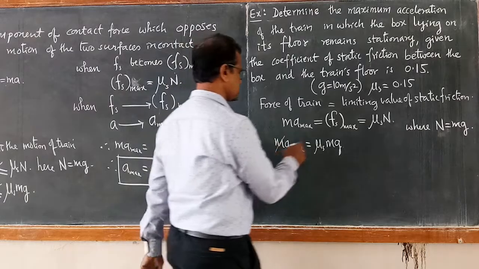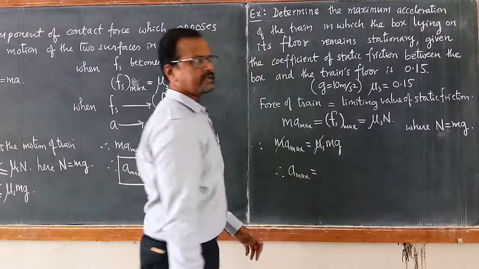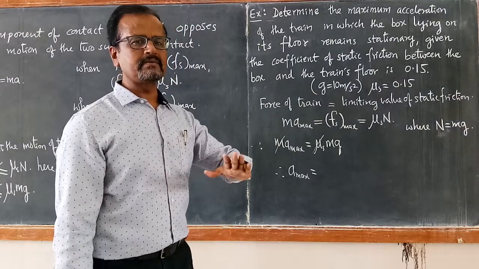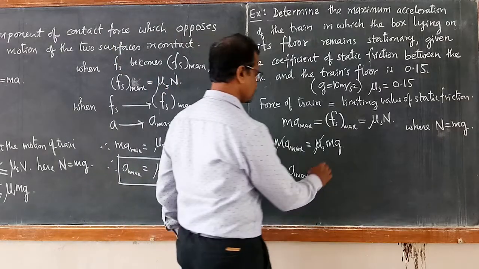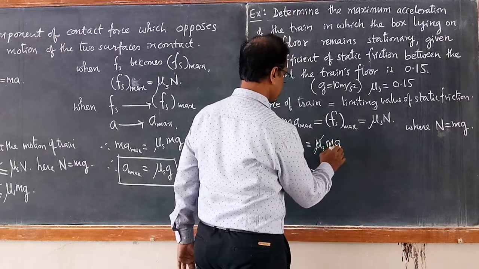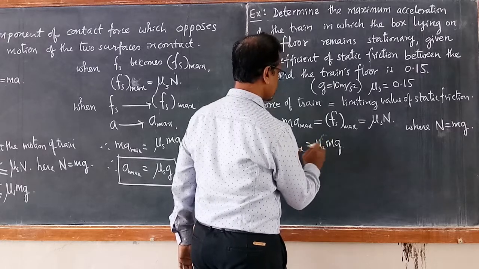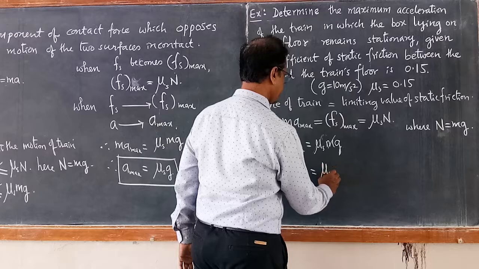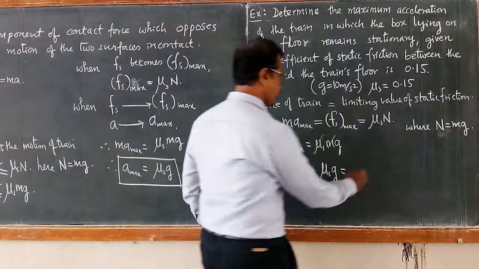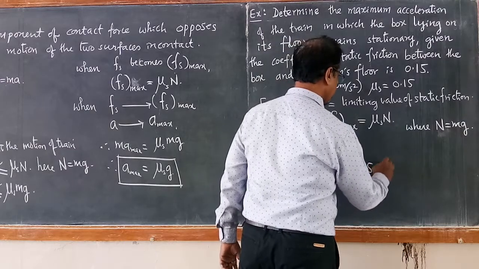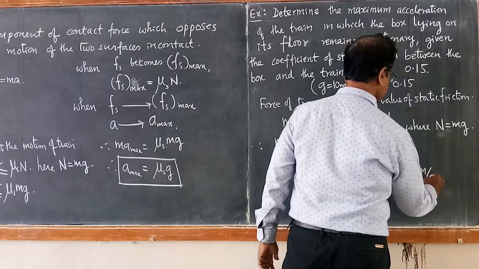So m cancels. Therefore, a max, the maximum acceleration of the train for which the box remains at rest, is equal to mus g. So mus doesn't cancel here, m cancels. You are left with mus g. See here, 0.15 into 10 becomes 1.5 meter per second square.